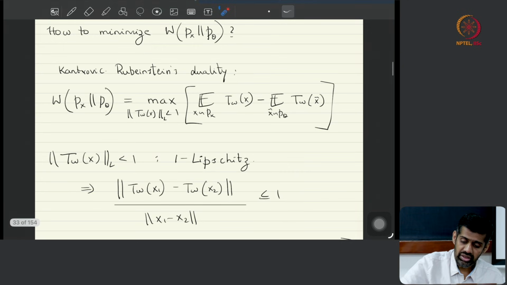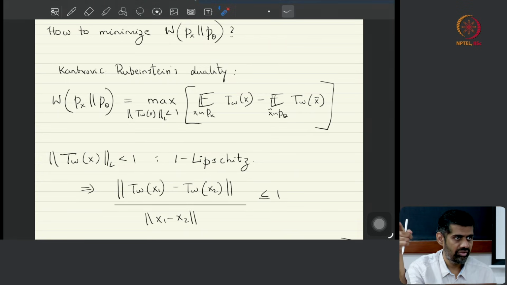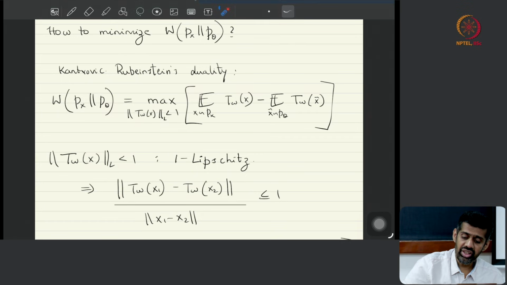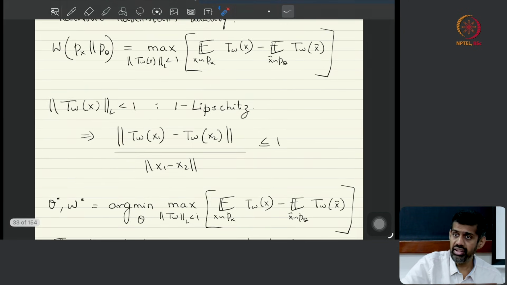Now this T function there, what was the T function? The T function there was the function that we used to define the bound when we were moving the supremum outside of the integral, right. What is the T function here? The T functions here are all functions, any function, such that they are one Lipschitz. What is the definition of Lipschitz continuity?